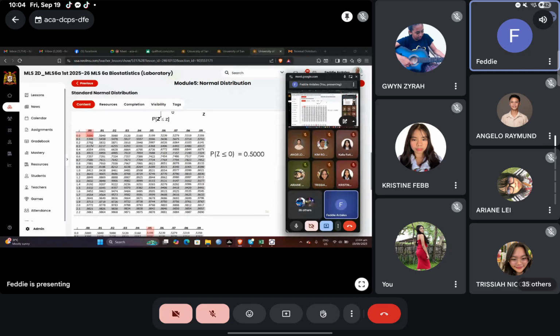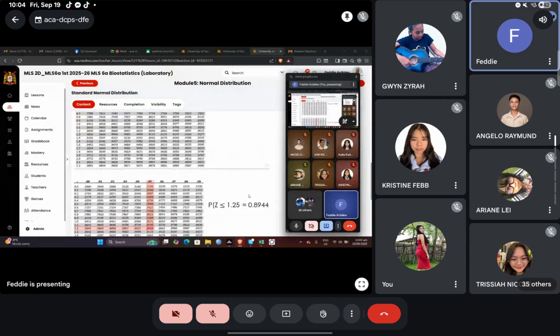Let's say z is equal to 0, or the mean. That means the area is 0.5. In other words, to the left of z equals 0 is 0.5, and to the right of z equals 0 is also 0.5.